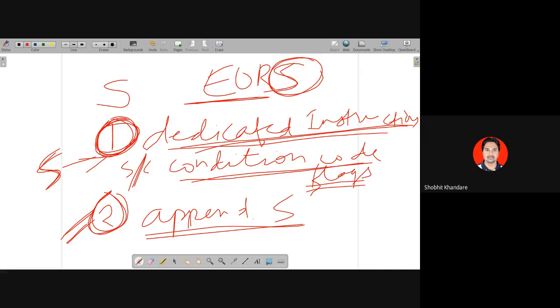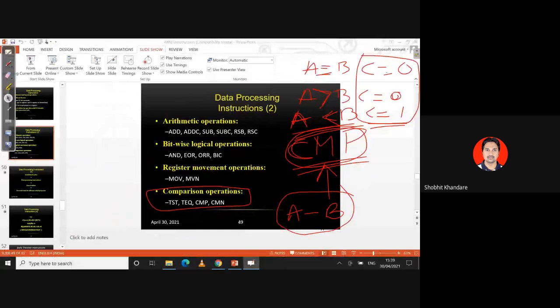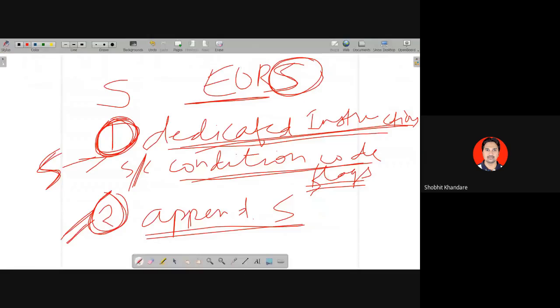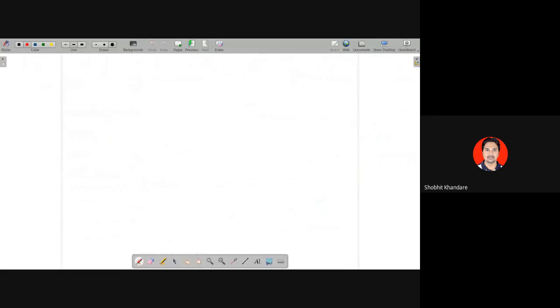Carry flag. Okay. So if I have to give you an example for the first case, these are the 4 cases. I have given you an example of CMP, but I have to tell you how this CMP can be used in the ARM.